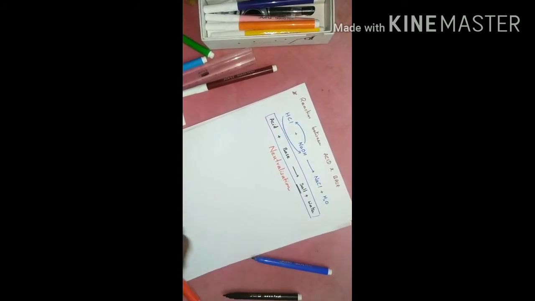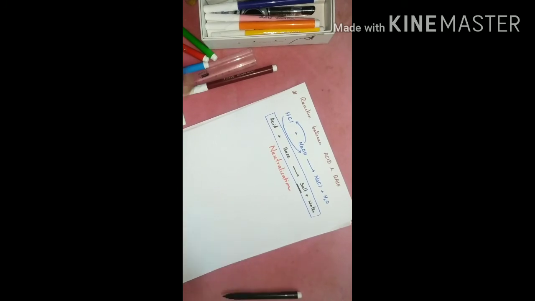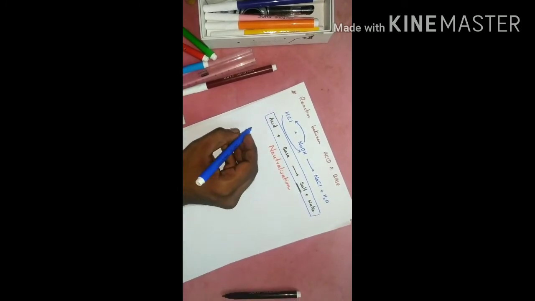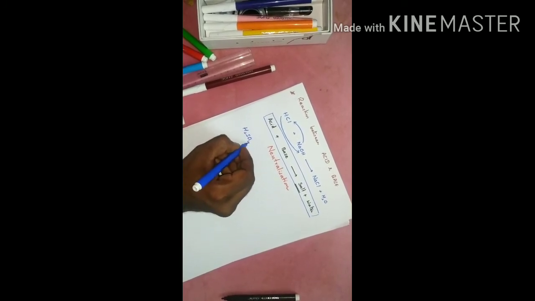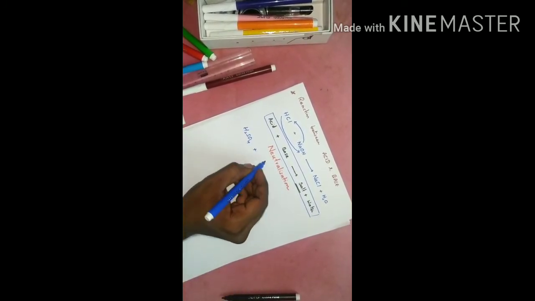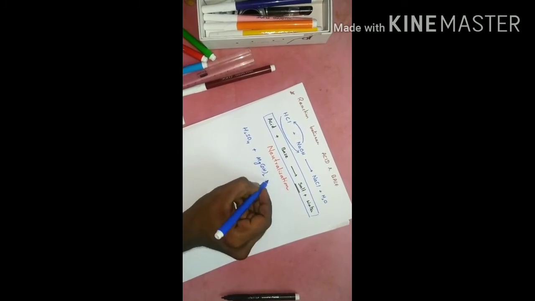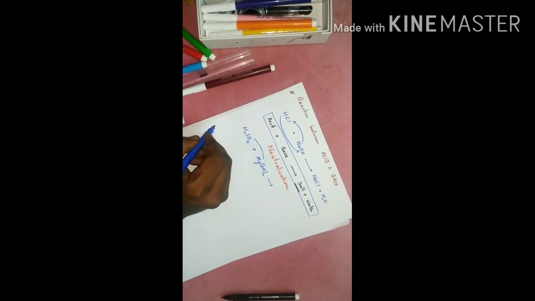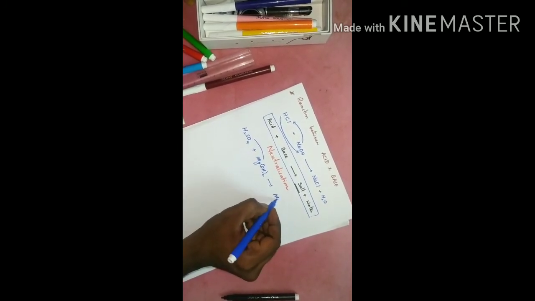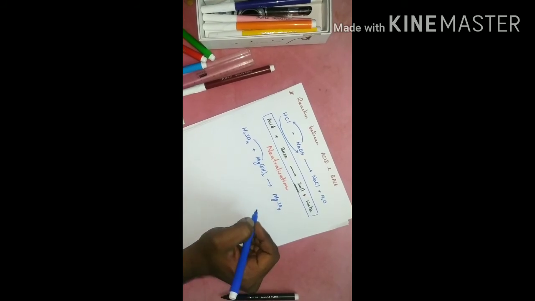Neutralization reaction. Any acid or any base you may take, you'll get salt and water. For example, let us suppose you have taken H2SO4, and let us take a base, magnesium hydroxide, Mg(OH)2. Then this magnesium combines with the sulfate, and you'll get MgSO4, right?